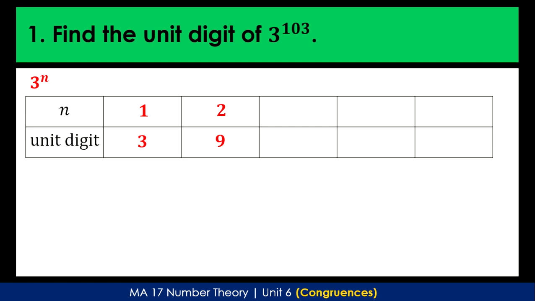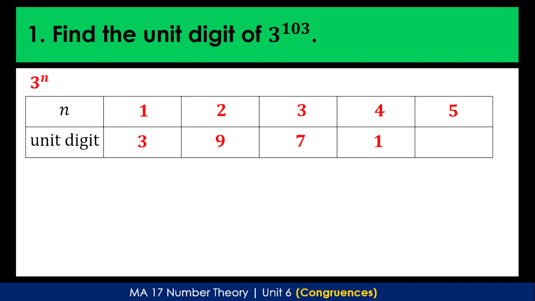The next one, 3 raised to 3, is 27, and the unit digit there is 7. Then 3 raised to 4 is 81, so the unit digit there is 1.